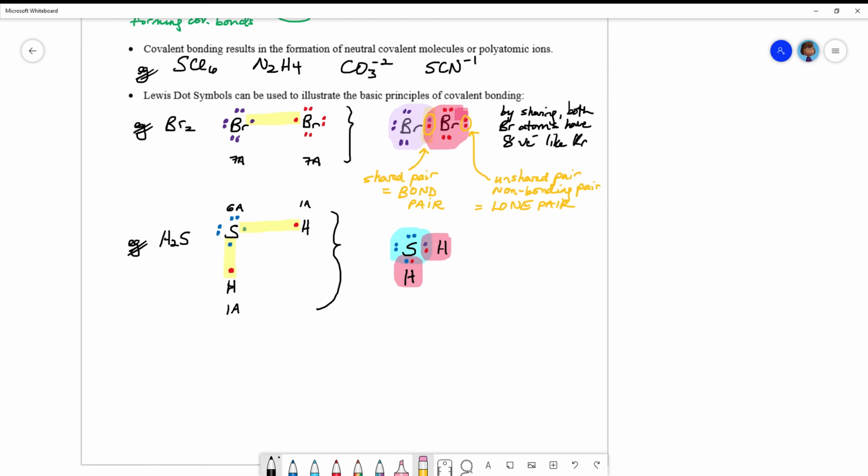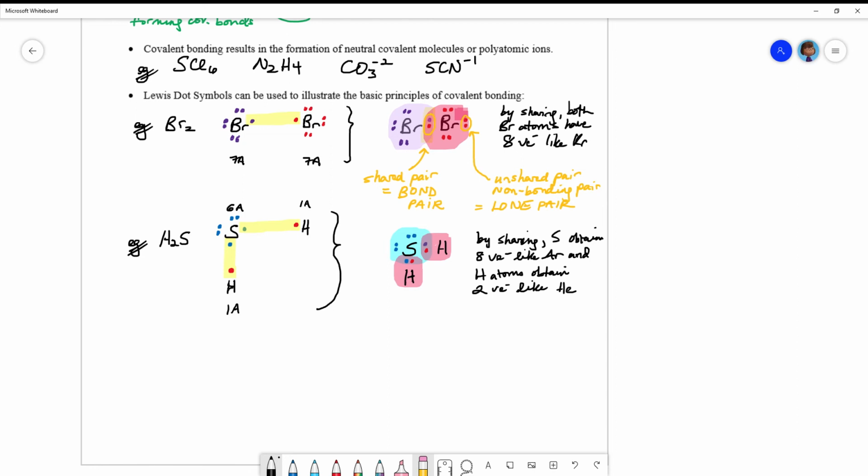So let's note, by sharing, sulfur obtains 8 valence electrons, like argon, and the hydrogen atoms obtain 2 valence electrons, like helium, and all the atoms are now much happier and much more stable, because obviously atoms don't have emotions, not like we do.